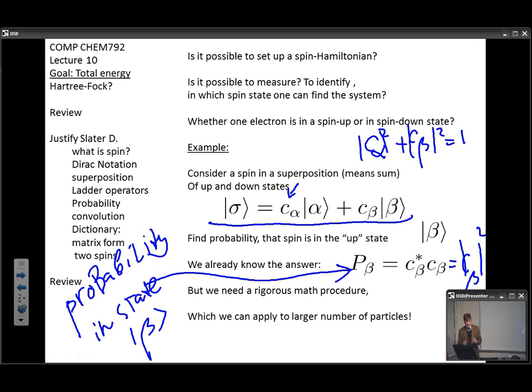But can we get the same result with some rigorous procedure, some very deterministic procedure that can be expanded to much more complicated cases? So here we just intuitively know the answer, but as soon as we have 2, 3, 4 electrons, it will not be possible to predict the outcome. So we need some procedure.